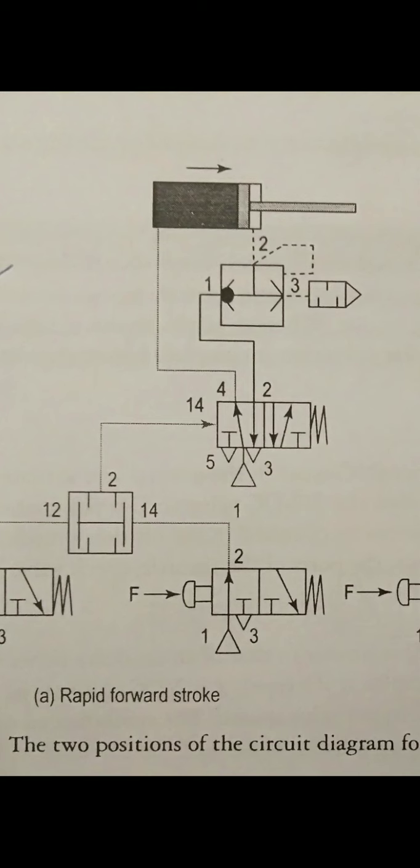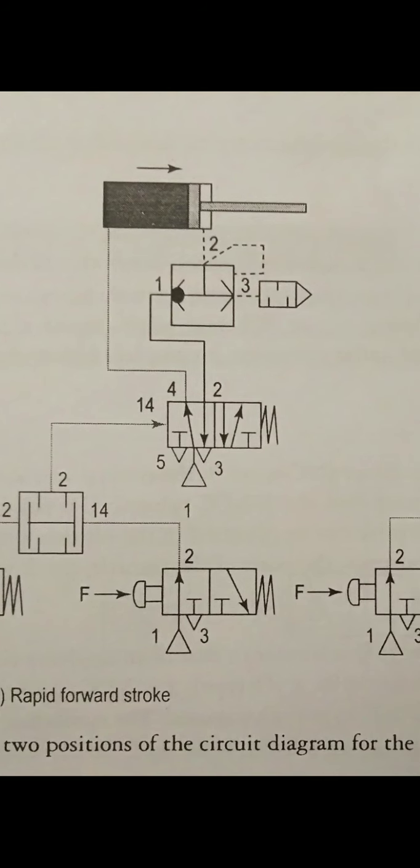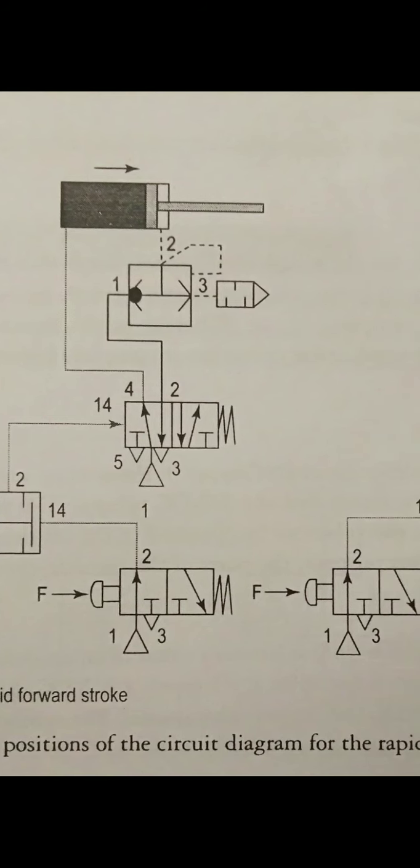So it pulls the piston, so there will be a very fast rapid forward motion. Push is provided to port 4 from the left side, but from the second port, which is the right side of the piston, it gives almost a vacuum-like signal. So this is how it works.